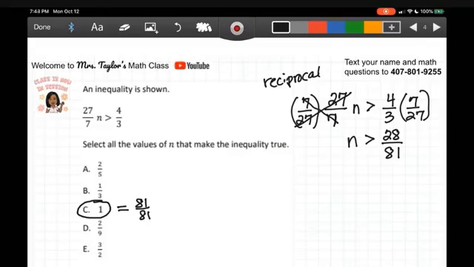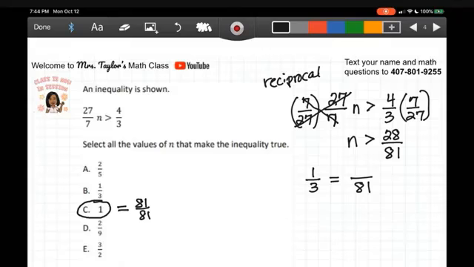This is when you need to know your number line stuff. If I was to put this on a number line, let's do the easy ones first. Let's look at 1/3. The reason I'm picking 1/3 is because I can make 1/3 have 81 as a denominator. What number can I multiply 3 by to get 81?